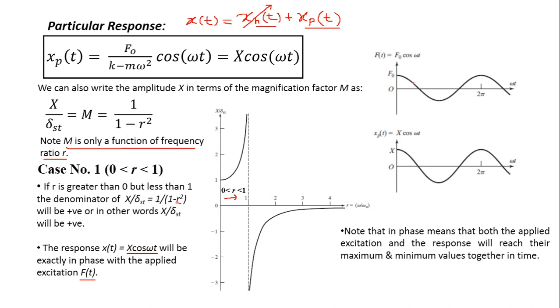And as f becomes 0, or becomes negative, reaching its negative maximum, then the response also becomes 0 exactly at the same time without any delay, and it reaches its negative value exactly at the same time. So you can see that they are exactly in phase at each and every point.